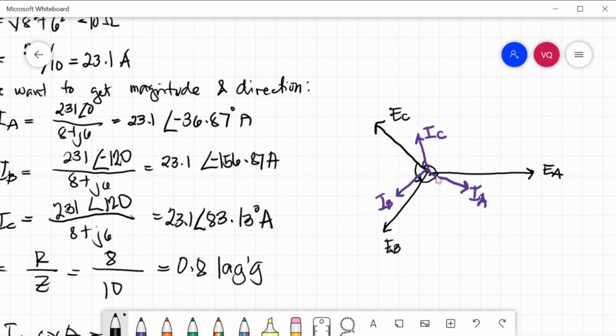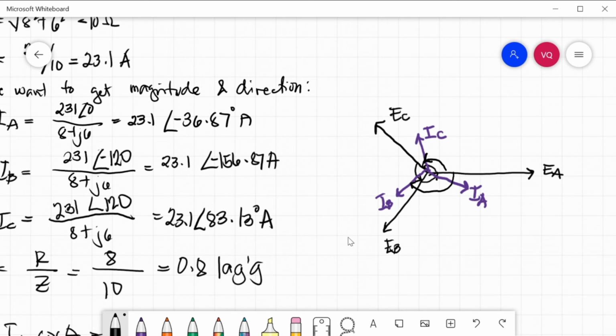IB is negative 156.87. And the last one is positive 83.13 degrees. As you can see, they have the same magnitudes, 23.1, but they are not in the same directions.